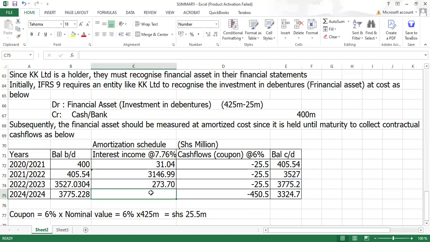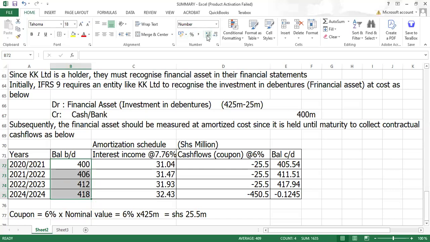Here it's 7.76% times this. But is this value correct? 7.76% times this. Okay. So at the end, the answer must give you 0. Just you see these ones, it's because of decimal points.